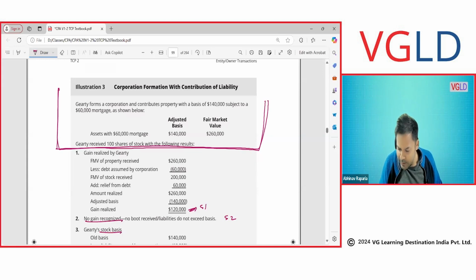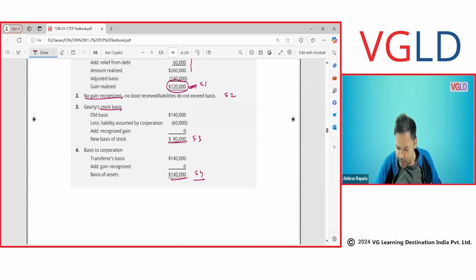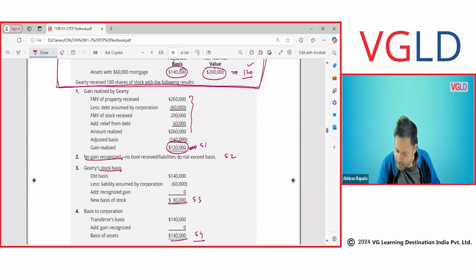So what we have done directly, we have done 260 minus 140. They are just doing the multiple versions of that. Directly we got the 120 of that. So it does not matter whether you follow this approach or that approach. Answer is the same thing. 120, 0, 80, and 140. Should I move, guys, if it is okay?